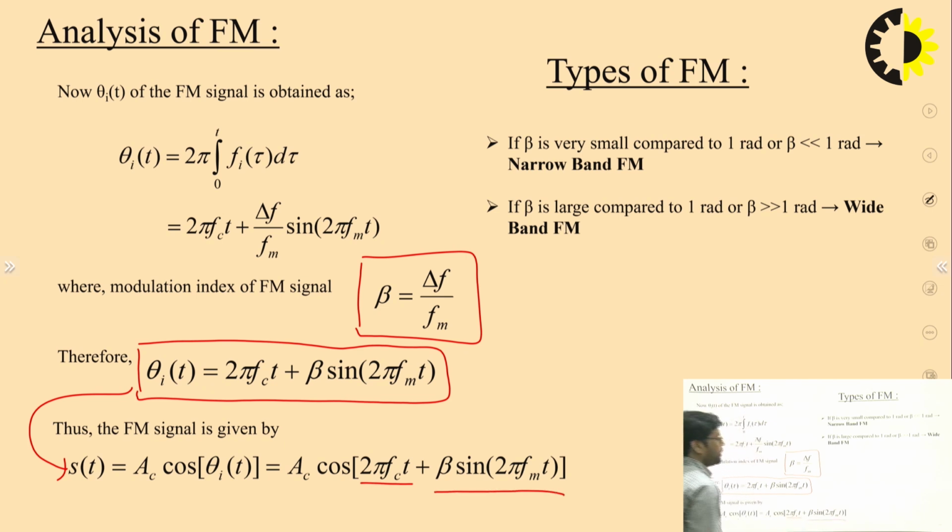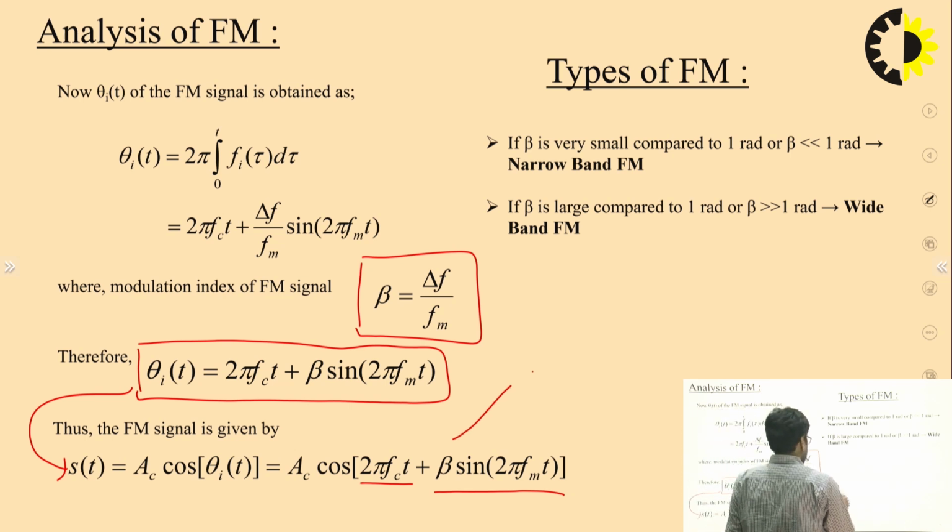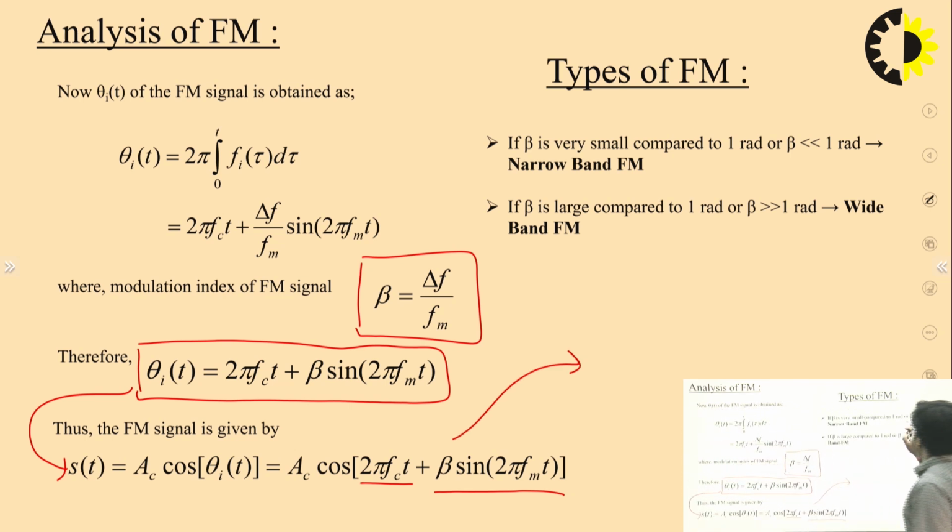So there you have two cases for beta here, right? If beta is much less than 1, then you will have the narrowband FM, and if beta is much greater than 1, then you will have the wideband frequency modulated signal. So there is the possibility of narrowband FM and wideband FM depending on the value of beta here.